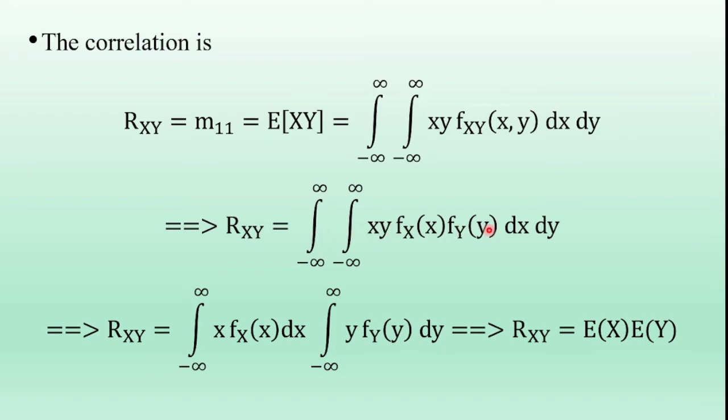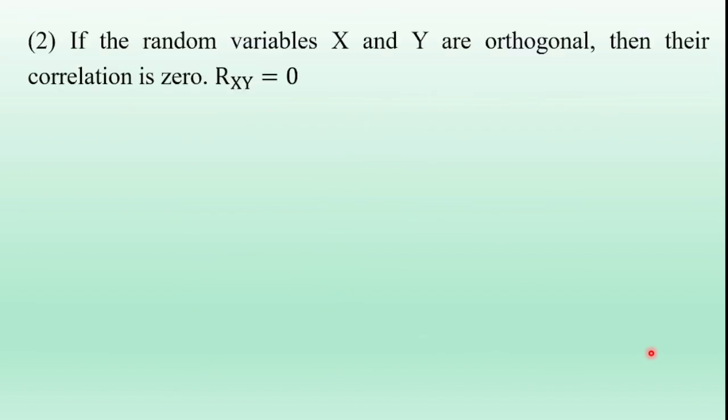Using the definition of expected value of a random variable, the first integral is the expected value of X, and the second integral is the expected value of Y. So expectation of XY is equal to expectation of X into expectation of Y. That is the first property.